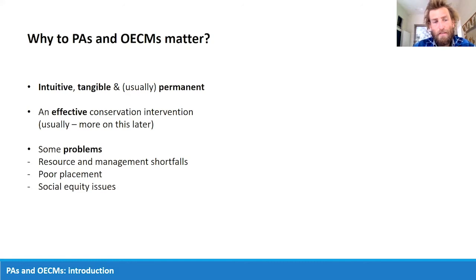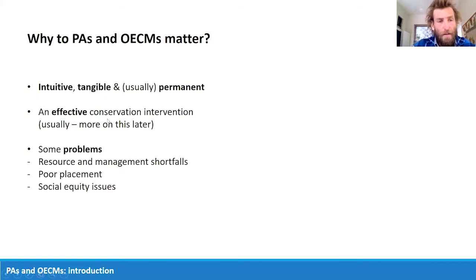The three I've listed here are probably the big ones. They include resource and management shortfalls, poor placement of where these area-based conservation measures are, and also some social equity issues that are becoming more well known, but it's still unclear just how pervasive they are and what the solutions are to them.